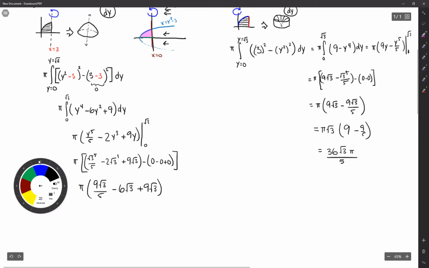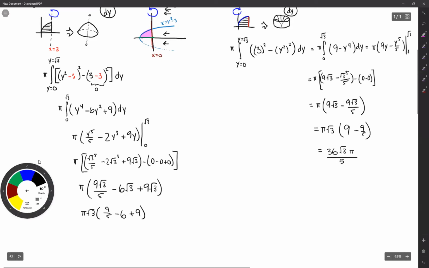If you want to make it easier to look at, you can factor out that square root of 3, and that's just 9/5 minus 6 plus 9. Okay, so I guess I should have equal signs here.